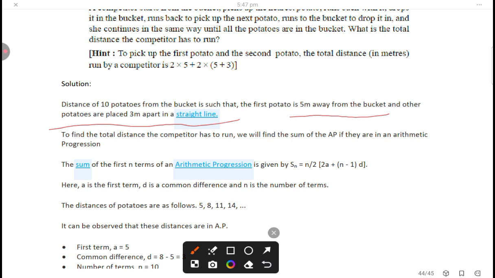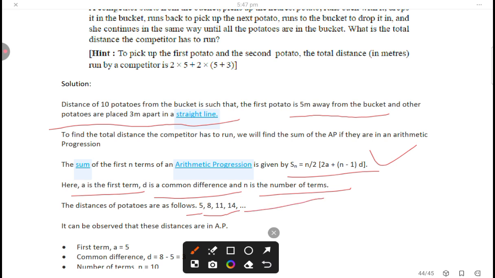To find the total distance the competitor has run, you have to find the sum of the AP, and they should be in arithmetic progression. So the sum of AP formula is given like this. You know a is the first term, d is the common difference, n is the number of terms. The distances of the potatoes are first 5, then you add 3, it will become 8, then 3 more, 11, like that.